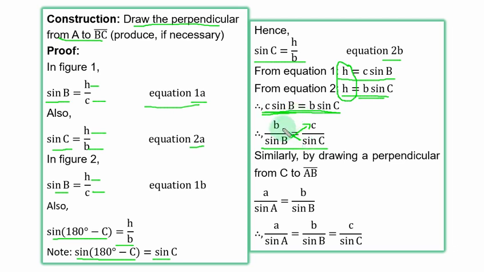Then you take it this way and you have b times sine C. The first one is c times sine B, the second side is b times sine C. Similarly, by drawing a perpendicular from C to AB, you have a over sine A is equal to b over sine B. If you put all together, you have the sine rule as required.